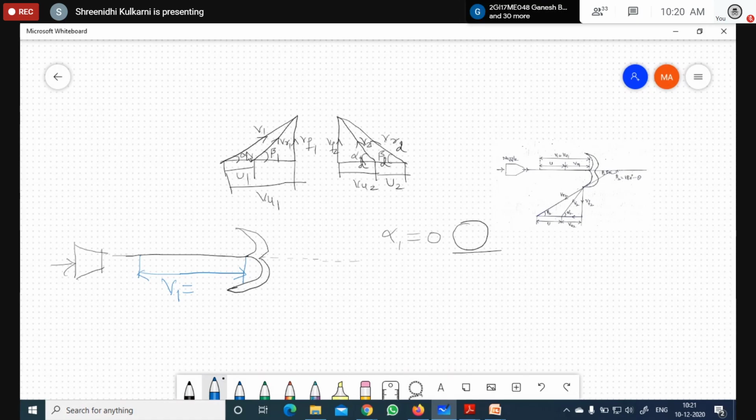If alpha angle is 0, V1 will become VU1. The reason is only the straight line: because alpha 1 is 0, whatever this V1 is, it is falling on VU1.